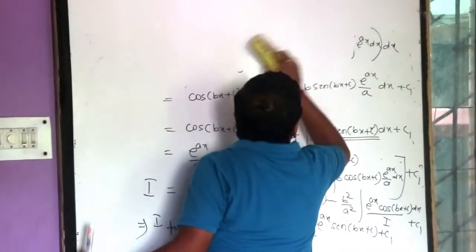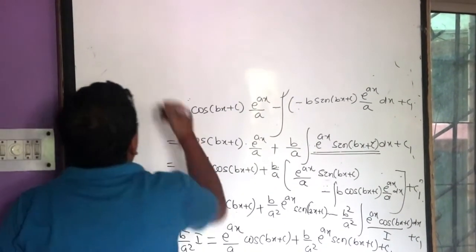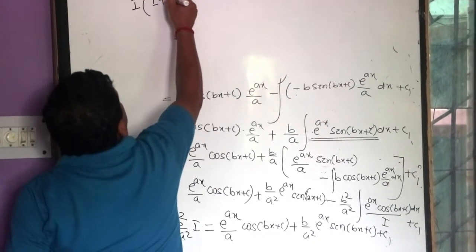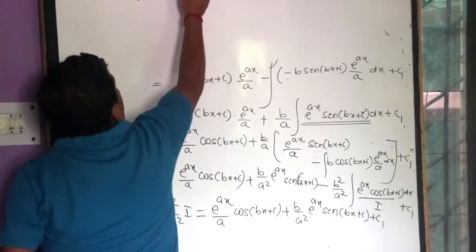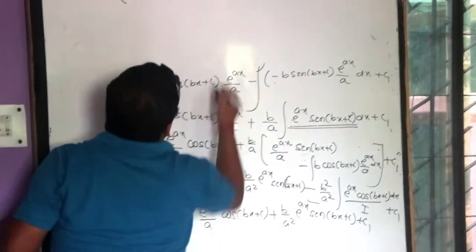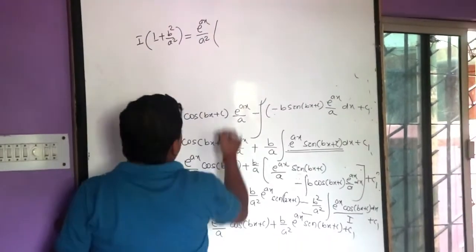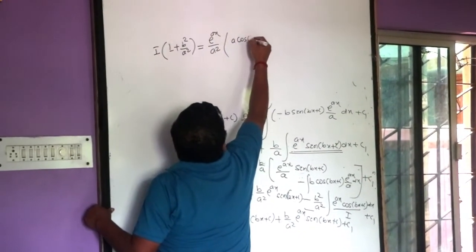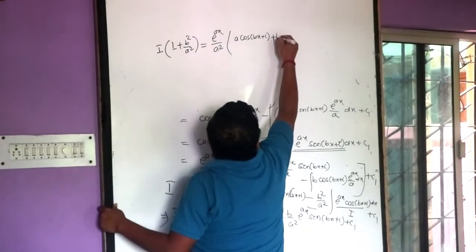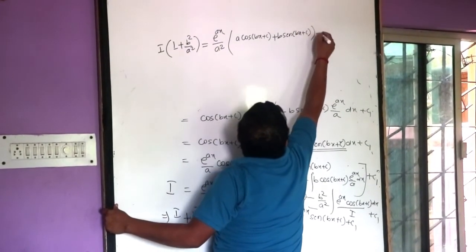This article is important. Integration by parts is the important article. Taking I as common, we have 1 plus b square by a square equals to, taking e to the power x by a square common, a cos bx plus c plus b sin bx plus c, plus c1.